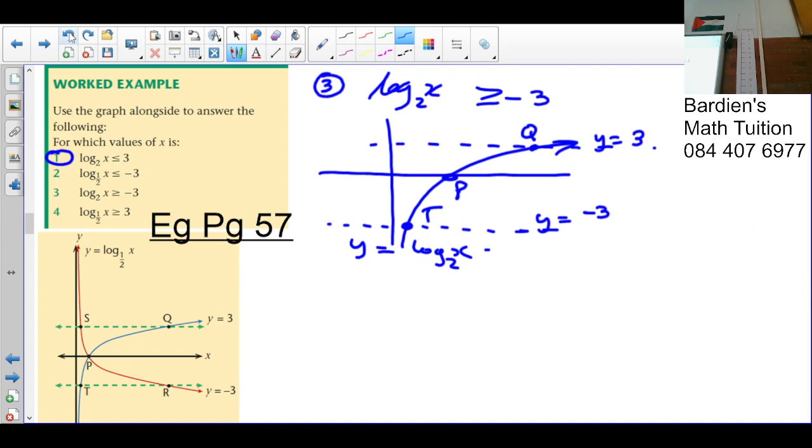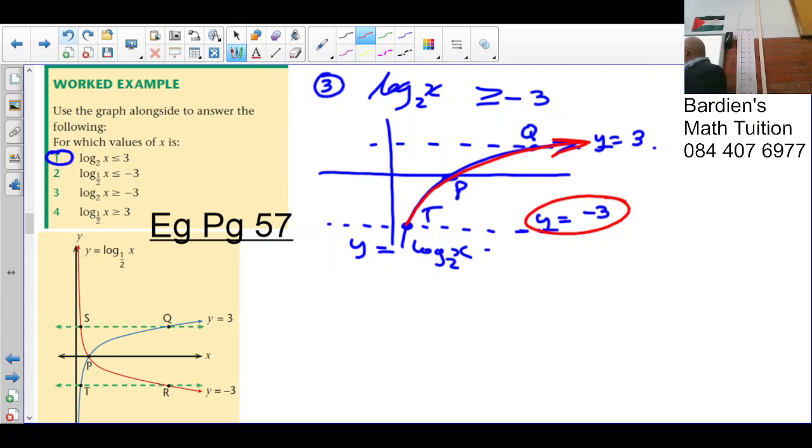But now the question says, where's log x base 2, which is the graph drawn here, greater or equal to negative 3? Would it be above or below this y equals negative 3 graph? It has to be above. So from that point, above. Continuous or break-in solution?